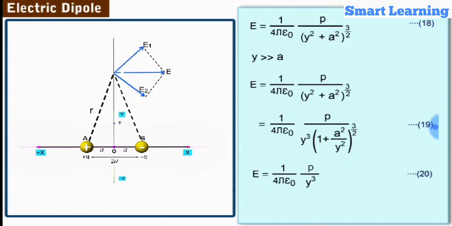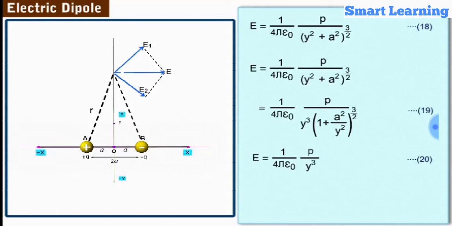Let us label it as equation 20. In vector notation, electric field strength E can be expressed as shown in equation 21. The negative sign is used since the electric field strength E is opposite to the direction of the unit vector p cap.